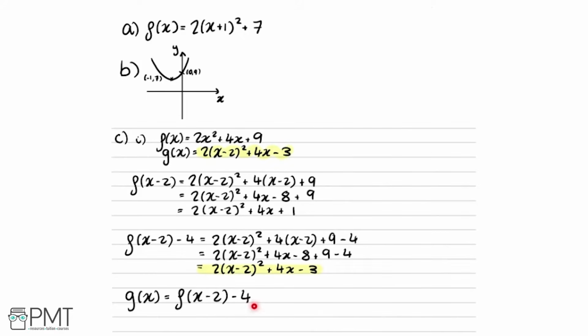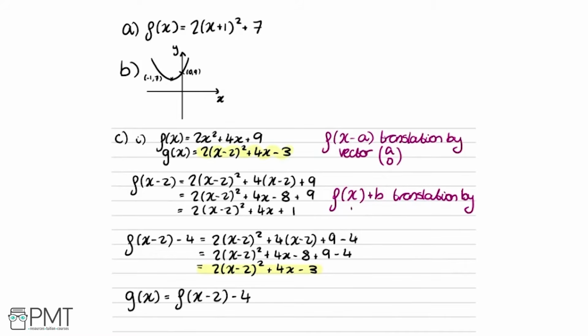Now we just need to try and work out what transformation this represents. Now I'm going to think of some transformations in general. In general, if we have f of x minus a, that is a translation by vector (a, 0). Or if we've got a transformation which is f of x, say plus b, that's a translation by vector (0, b).